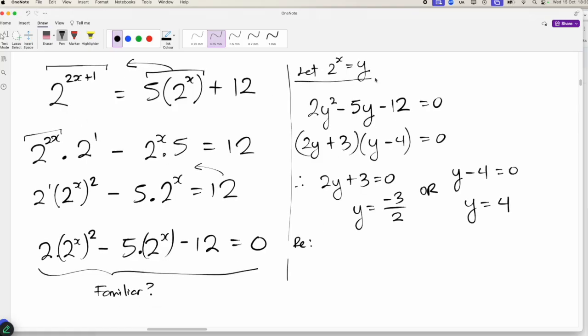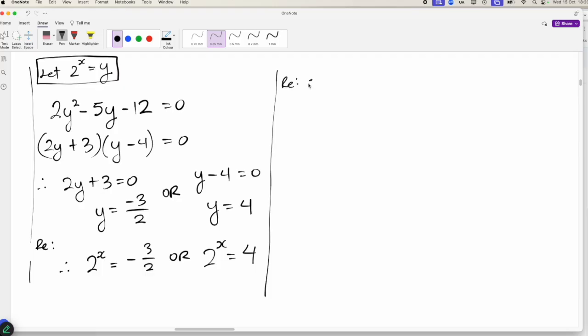Remember this. y is 2 to the x. Therefore, 2 to the power of x is equal to negative 3 on 2, or 2 to the power of x is equal to positive 4. The graph of 2 to the x is greater than 0.